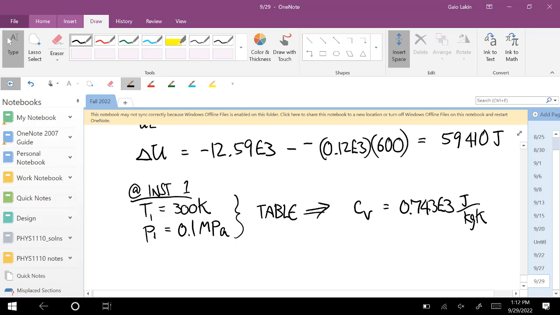And the molar specific internal energy is 6,229 joules per mole. I wonder if that's kilojoules. Let's just go with joules per mole.